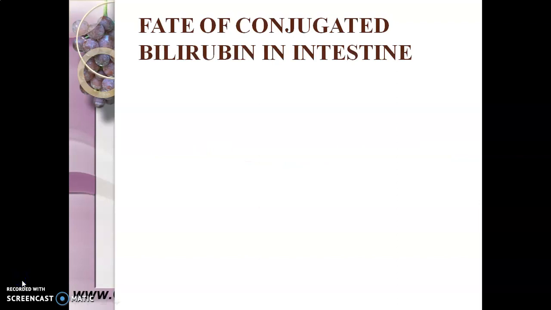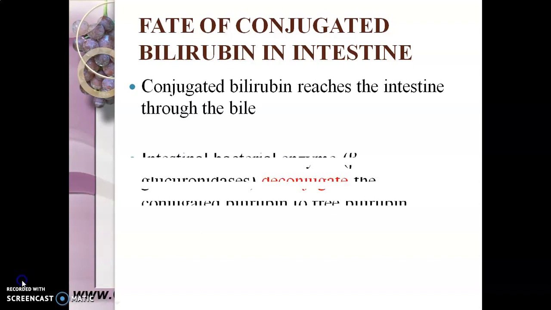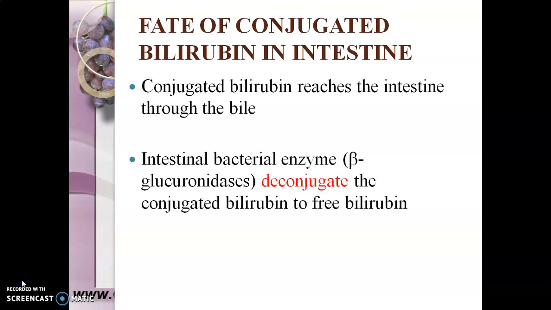Next is the fate of conjugated bilirubin in the intestine. Whatever bilirubin is conjugated reaches the intestine through bile, and this conjugated bilirubin is acted upon by the bacterial enzyme of the intestinal flora, which contains beta-glucuronidase. Hence it is deconjugated and becomes free bilirubin.